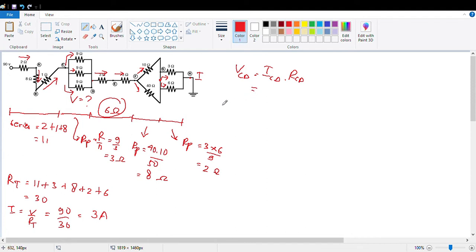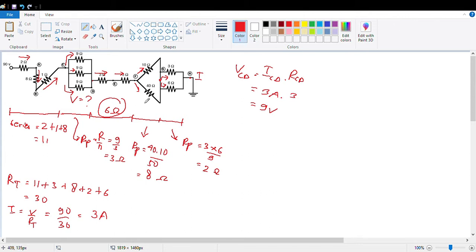The I at CD is the same as the total current in here. So 3 ampere times the R at CD, which is the R parallel, 3. So I got 9 volts.